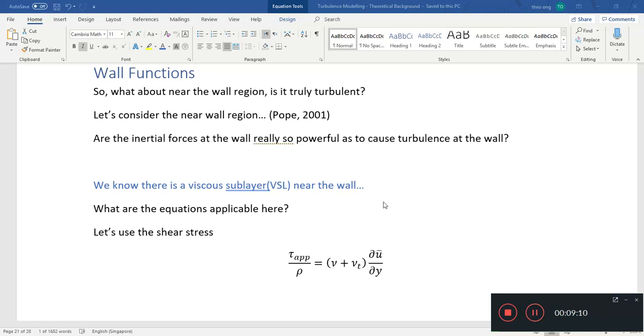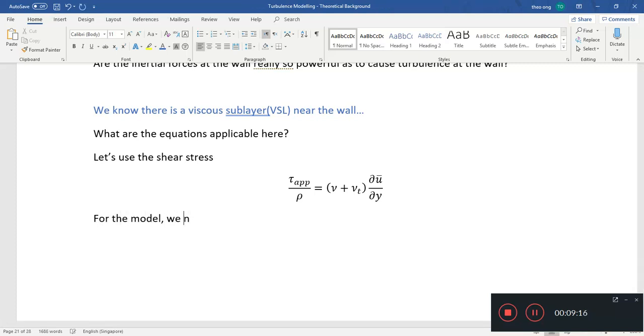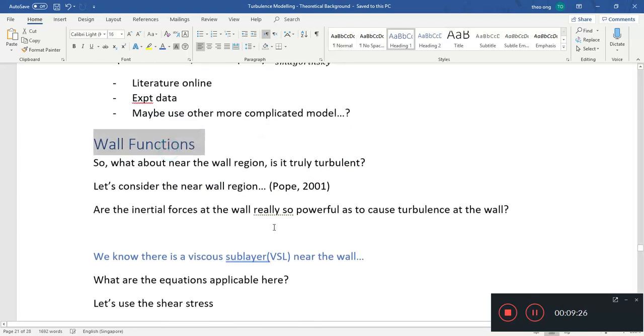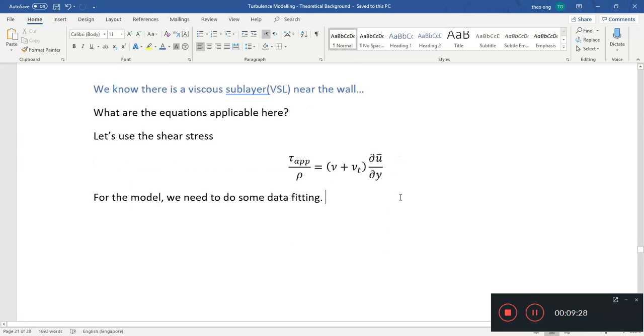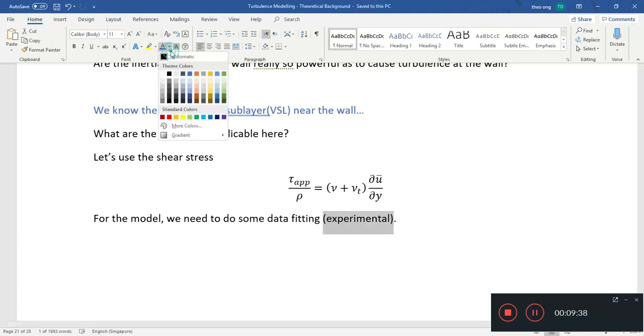Now the trick here is, of course, we need to do data fitting. So for the model, we need to do some data fitting. In the near wall model, so I'm discussing a wall function or the near wall models, we need to do some data fitting. So this is experimental data.